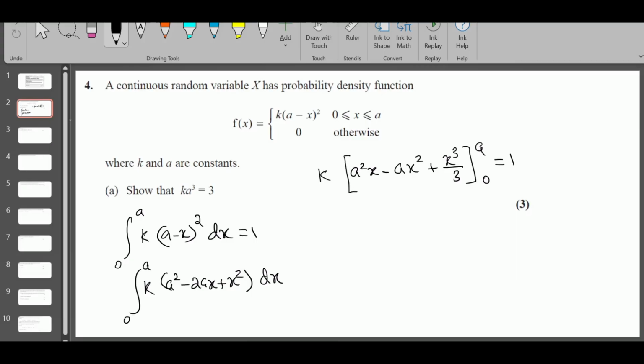When you sub in a, it's going to be a cubed minus a cubed plus a cubed over 3 is 1. These two cancel, so ka cubed over 3 is 1. Ka cubed is equal to 3. That's what they want us to prove.